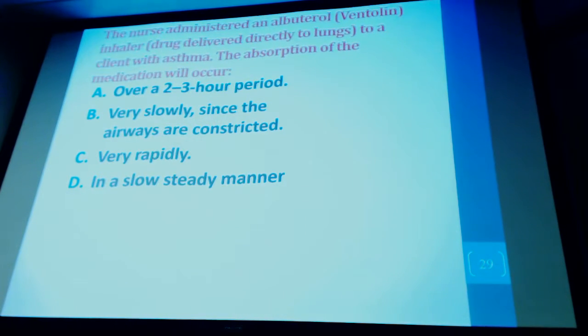Okay, so now you have a nurse, and the nurse has administered albuterol. It's an inhaler. Patient has asthma. The absorption of the medication, how long do you think it will take for that inhaled medication to be absorbed?